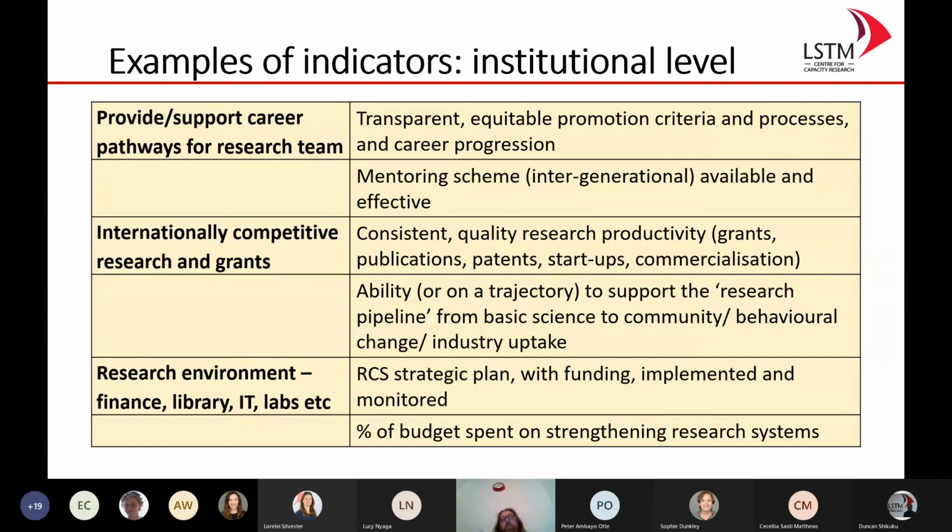These not only inform the types of indicators that you might want to use, but indeed the types of programs that you might want to invest in, the types of capacity strengthening activities that you might want to invest in. Same again for competitive research grants, research environments.